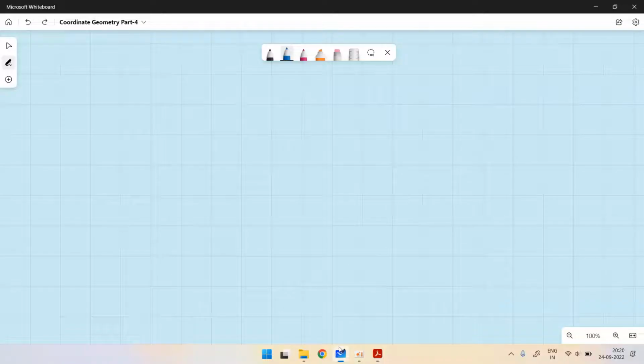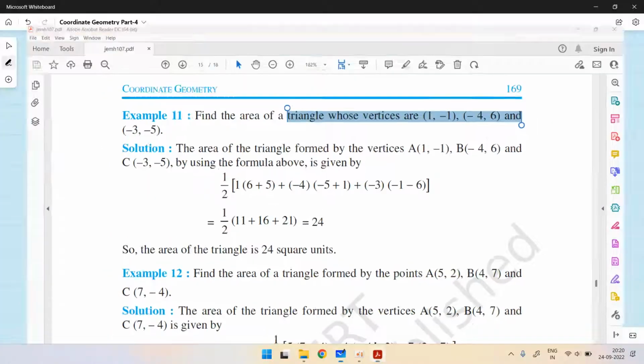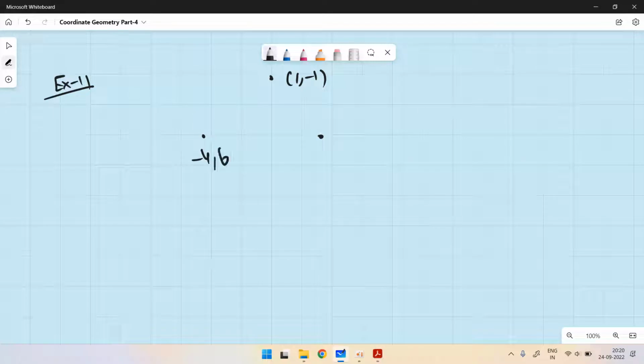So example 11. It says, let us suppose these are three vertices, and the vertices are going to be (1, minus 1), (minus 4, 6), and (3, minus 5).